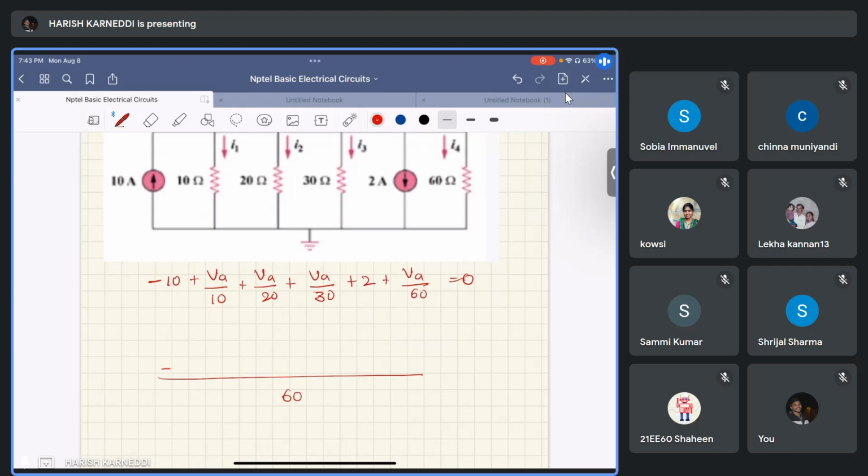Minus 10 into 60, it is 600, plus 6 VA, plus 20, no? This is 3 VA plus 30, which means this is 2 VA, plus 2 into 60, which is 120, plus VA equal to 0.